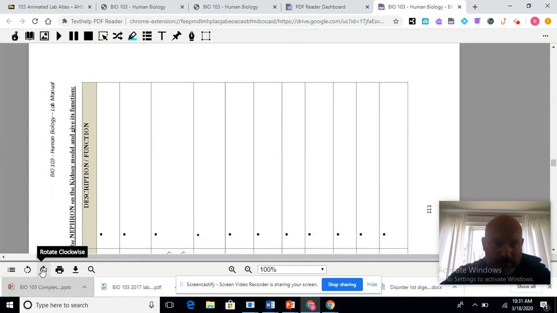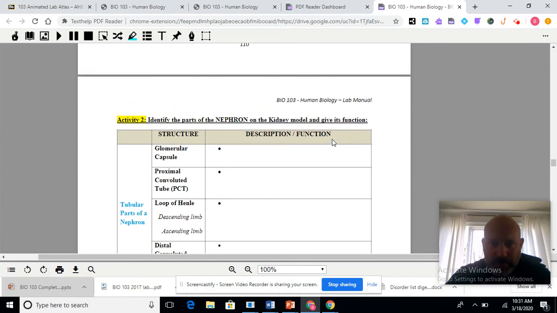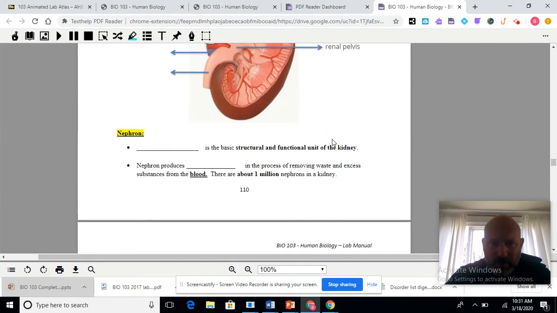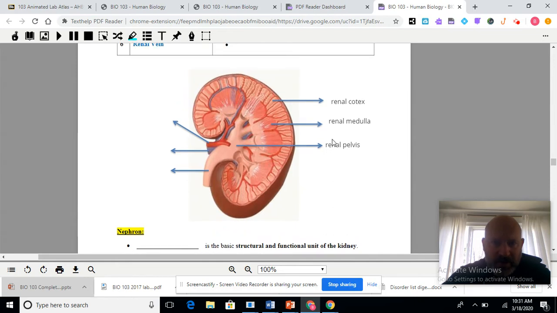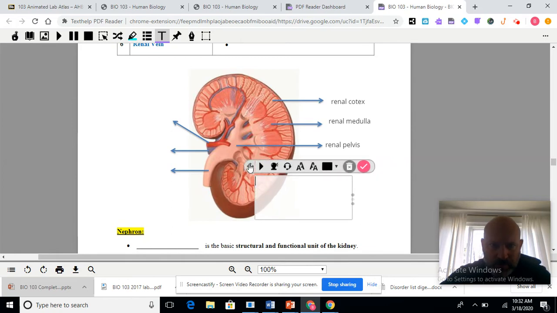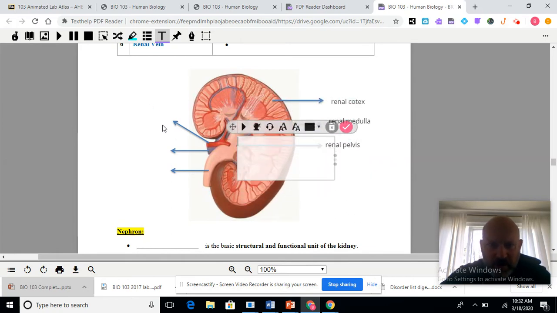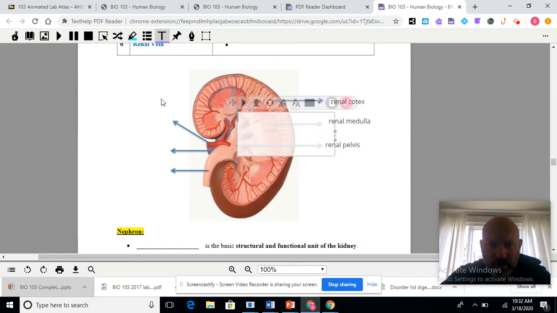Let's try one more. There we go. Let's move back up. All right, let's try that again. There's our renal artery. I want this over here. Come on.